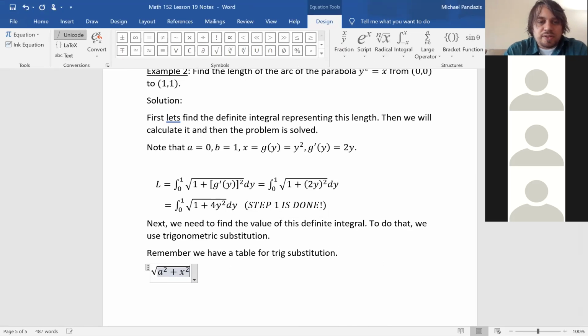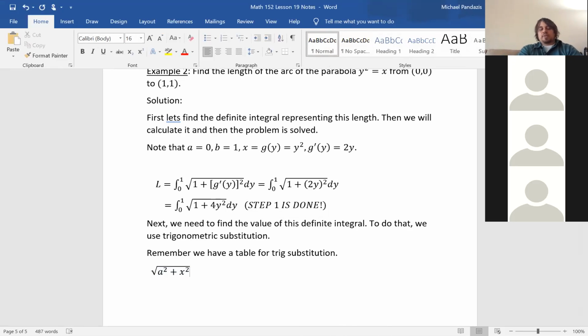We had a table where one of the things was of the form a squared plus x squared, right? And so here x is just a variable. It's not necessarily the x in the problem.